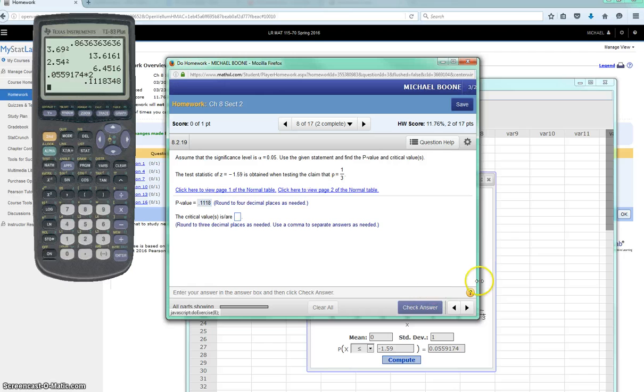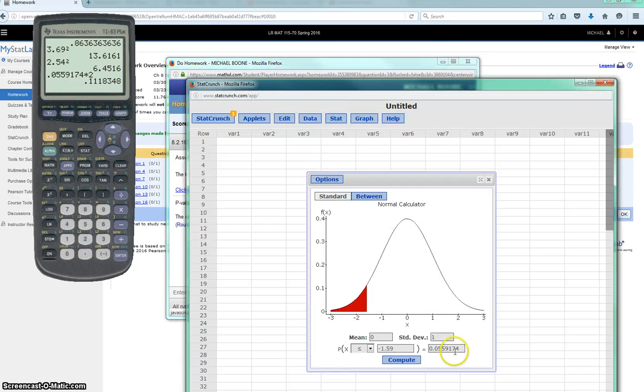The critical values, so if I have a 5% alpha, I'm looking for when there is 2.5% on the left and to the right. So the total sum from here is 2.5%, and the total sum for here is 2.5%.